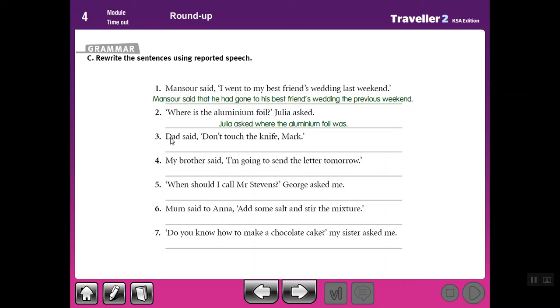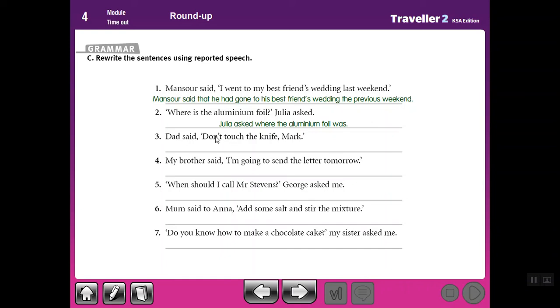Number three. Don't touch the knife, Mark. Okay. What kind of sentence is it? It's a request. So in the request, I use told. Dad told Mark.